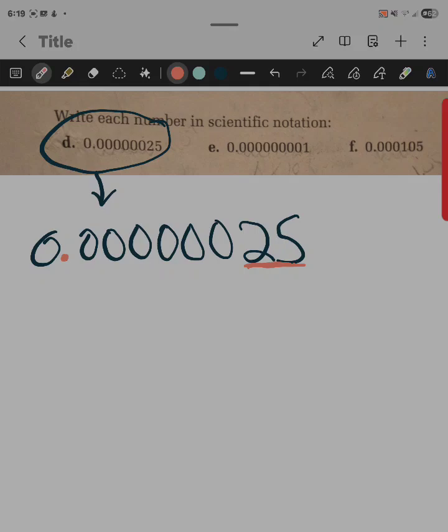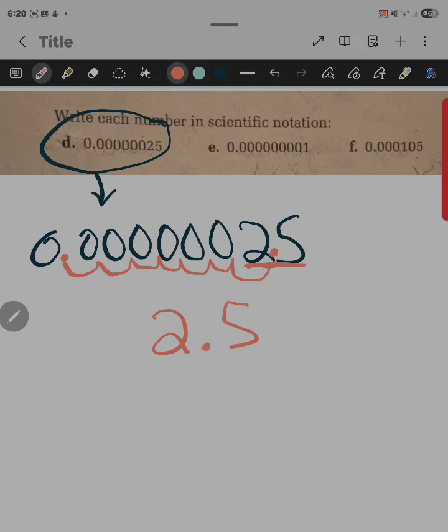So we're going to count how far we have to move it. Well, that's 1, 2, 3, 4, 5, 6, and 7. If we move that decimal place in between the first non-zero numbers, we would end up with 2.5, and that's what we want, right?